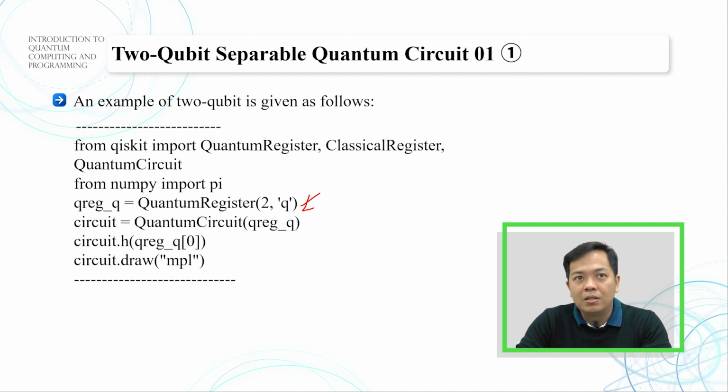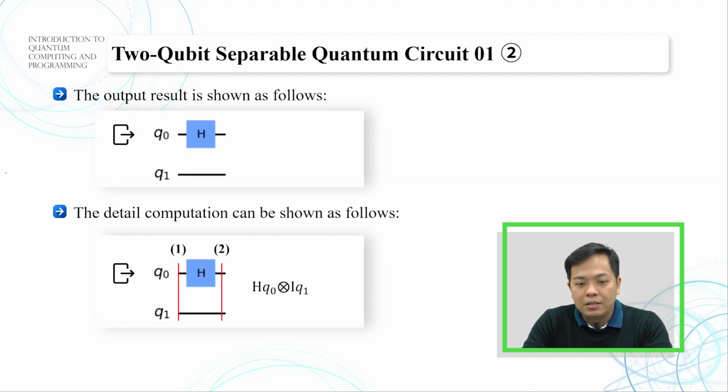After we have 2 qubits, we can create a quantum circuit with Q0 and Q1. After we have a circuit, we can initialize the value with the Hadamard gate. So this one is from the first. Yeah, so this is the result.